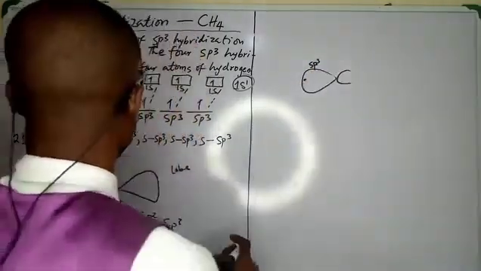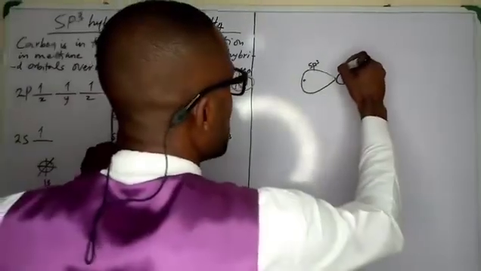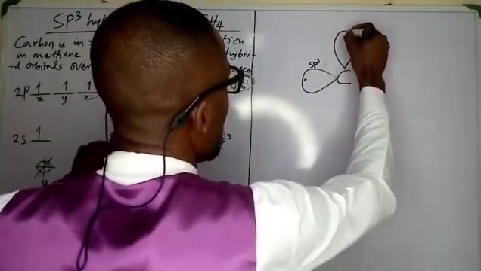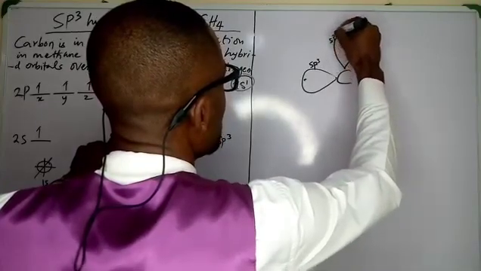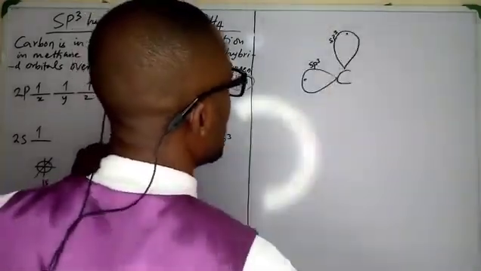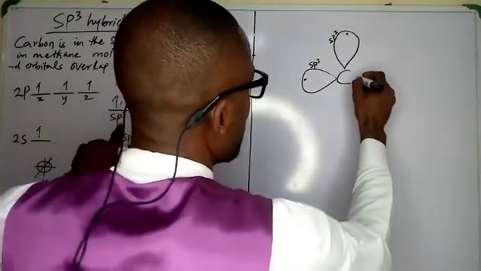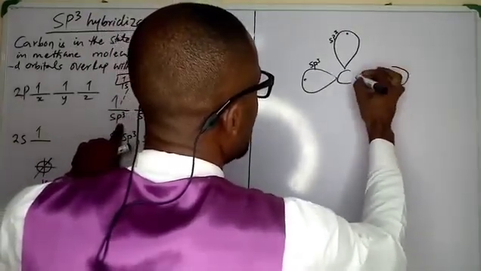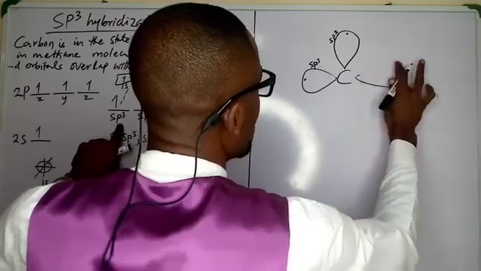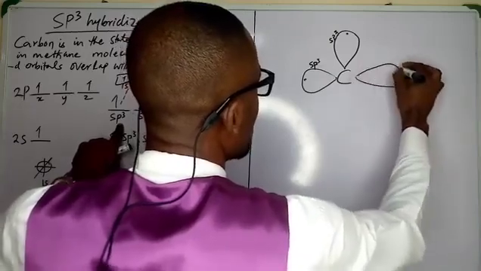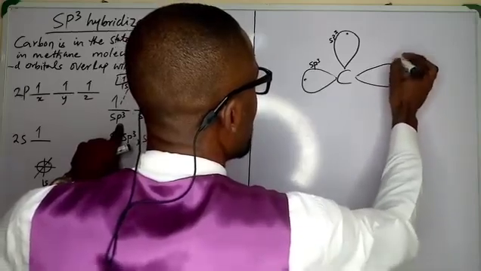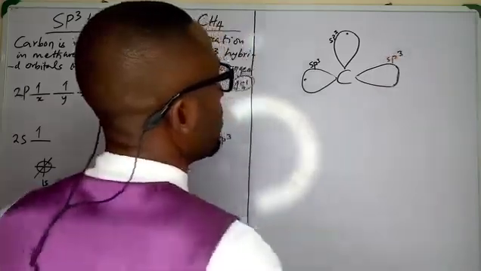Towards this angle or position, I'm going to have the second lobe. This is an sp3 hybrid orbital with 1 electron. Towards this end, we are going to have that lobe-like or leaf-like structure again, representing another sp3 hybrid orbital.